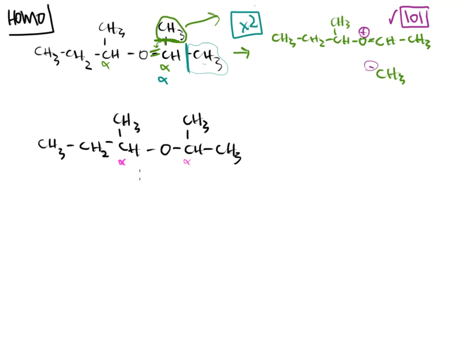All right, well, now I can focus on the left-handed alpha carbon. My first option is to cleave maybe that bond. No big deal. So what I have left is a CH3 group, CH2, CH, O, CH, CH3, and a CH3.